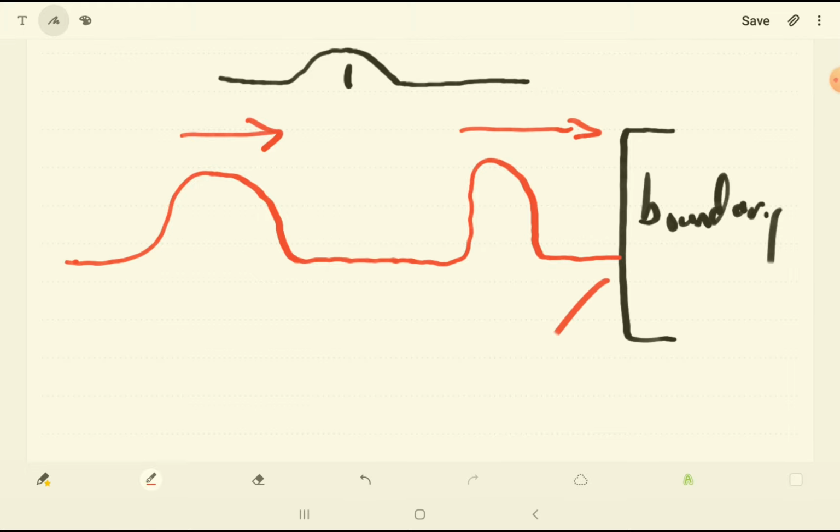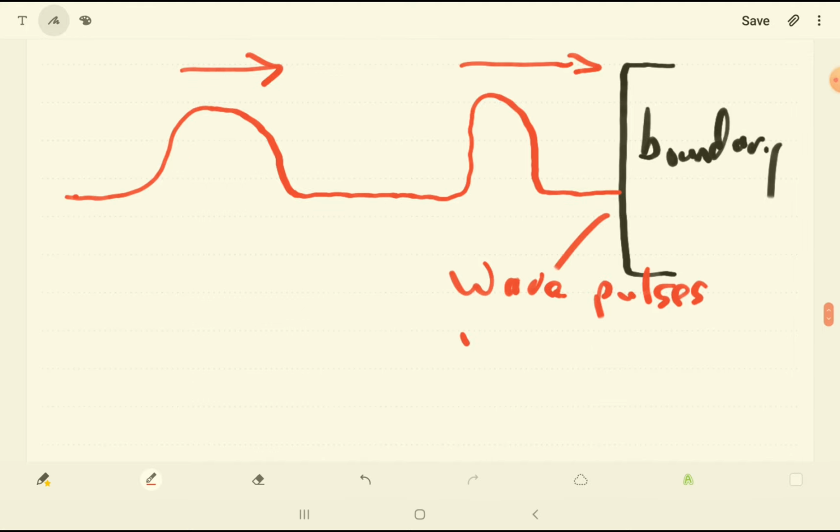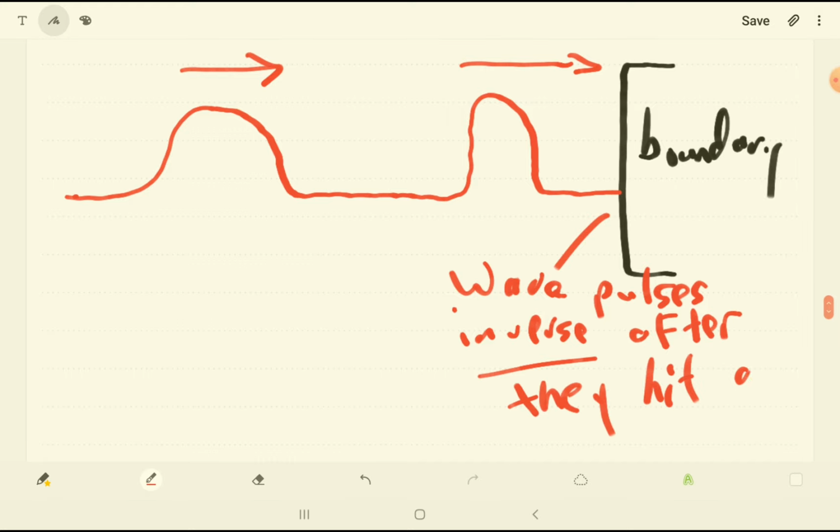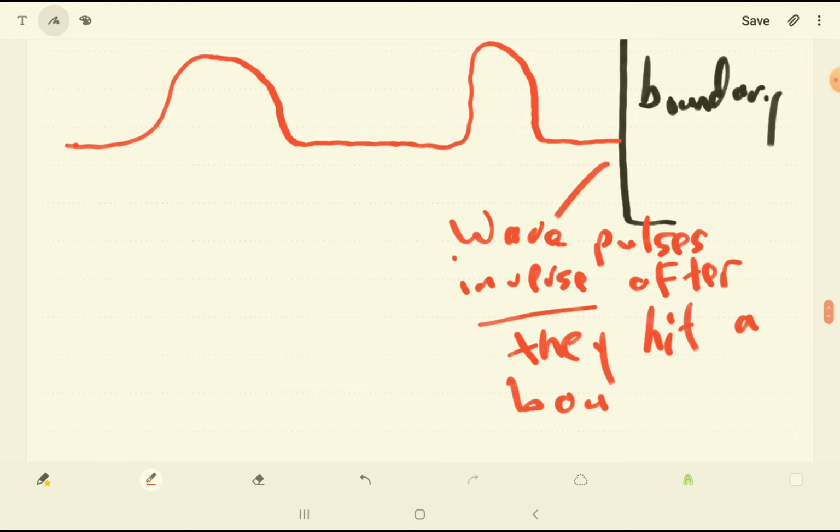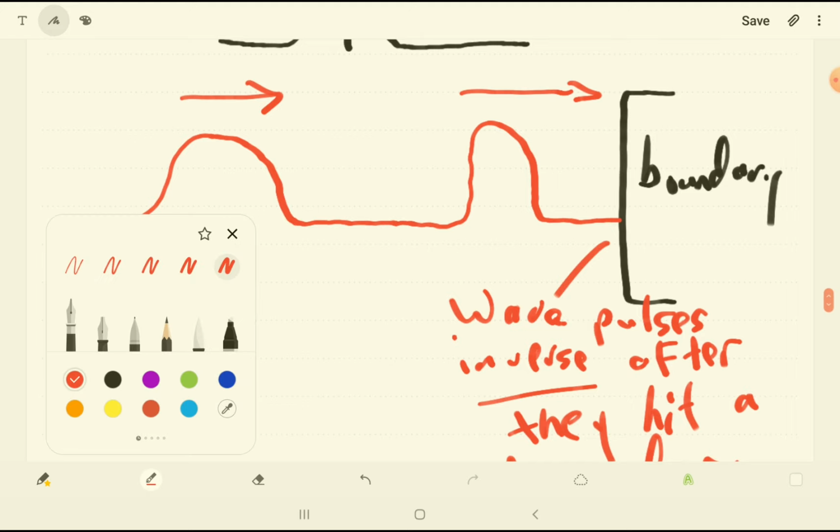Once they hit the boundary, the wave pulses inverse. Oops. I'm going to write this here. So when I write wave pulses inverse after they hit a boundary. And so what that ends up looking like is, you see this wave here.